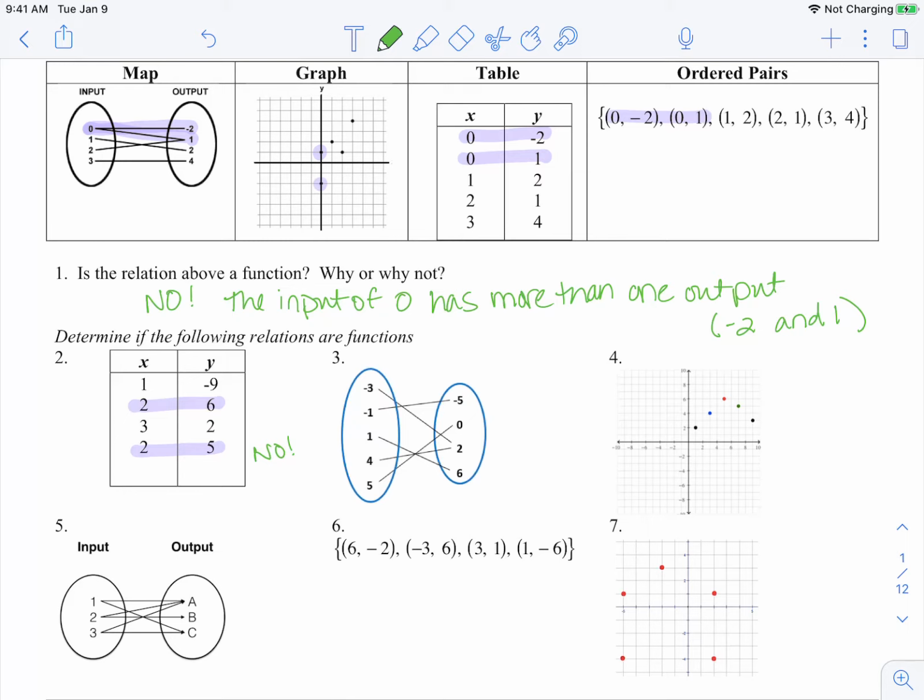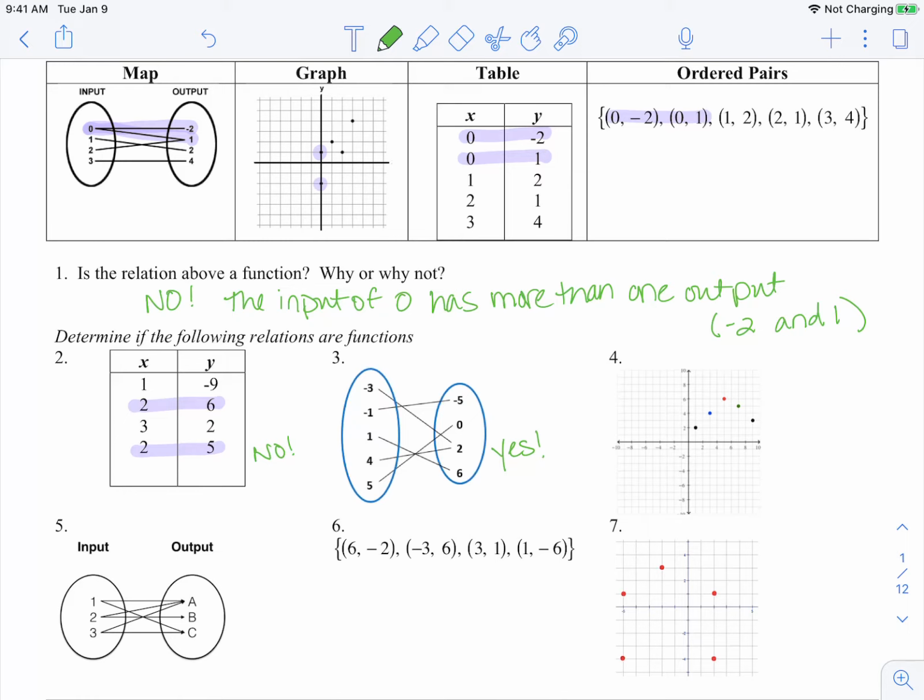Let's look at number 3 here. Here I have -3 mapped to 2, -1 mapped to -5, 1 mapped with 6, 4 mapped with 2, 5 mapped with 0. In this case, each input has exactly one output, so yes, this one is a function.